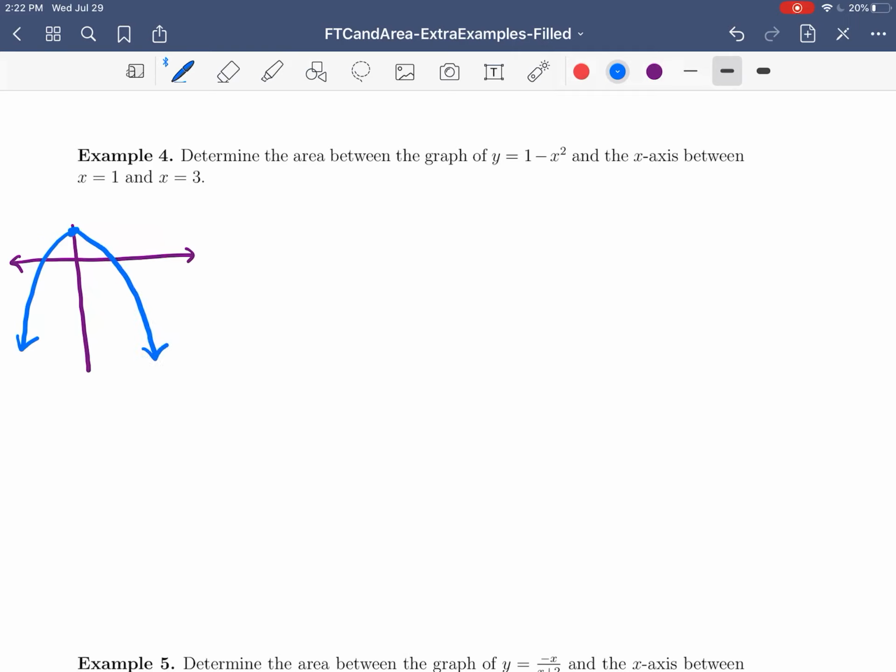Where it crosses, we know this is at 1 and minus 1 because you can factor. So if we want the area between this and from 1 to 3, I should have drawn this a bit higher, I guess.